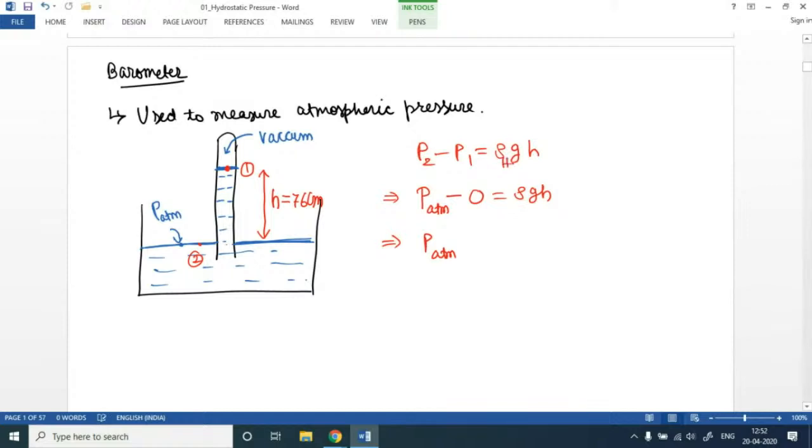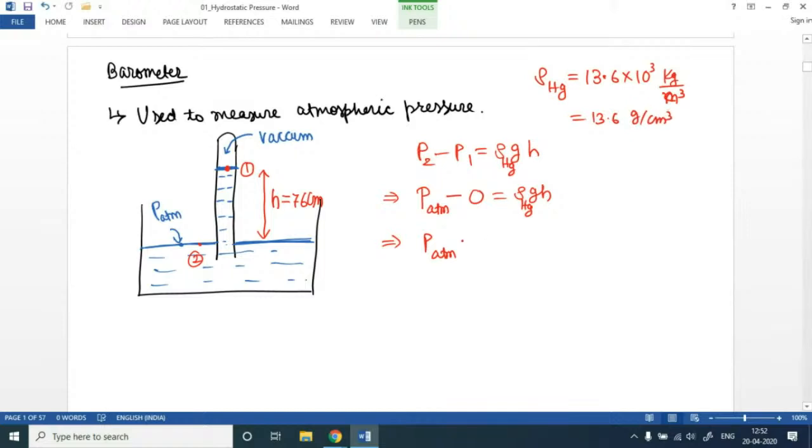This rho is that of mercury, and let me give you one data also. Rho Hg, the density of mercury, is 13.6 into 10 to the power 3 kg per meter cube, or simply 13.6 gram per centimeter cube, whichever way you want to represent.